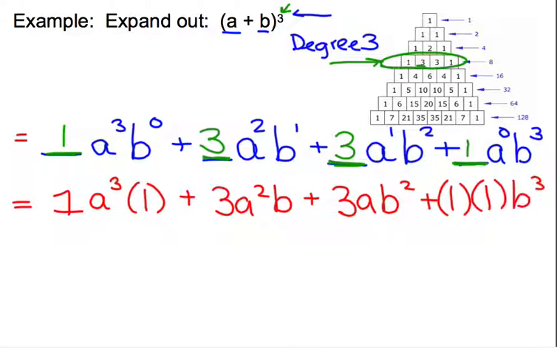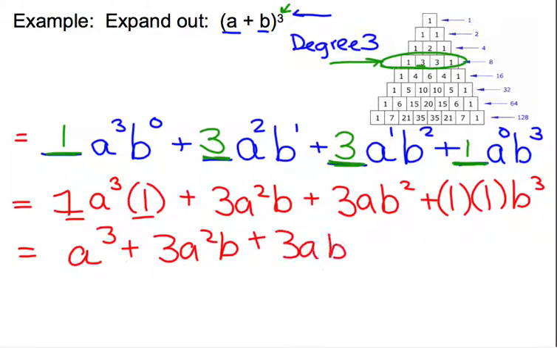All right, let's clean up one more time. 1 times 1 is 1. So that's just A cubed, plus, we're not going to do anything with those next 2 terms, they're already simplified. And our last term, 1 times 1 is 1, and then B cubed. So imagine having to take the time to FOIL that all out, distribute, and combine like terms, and this is what you would end up with.